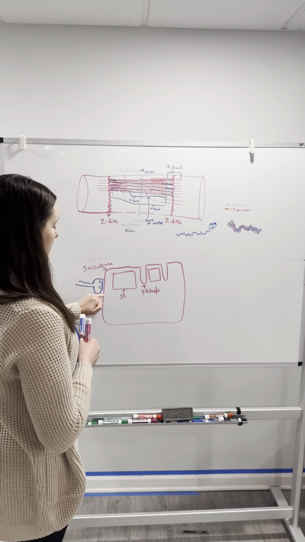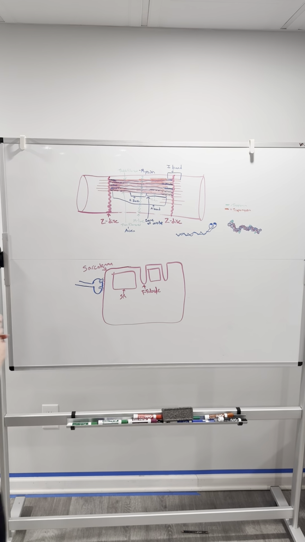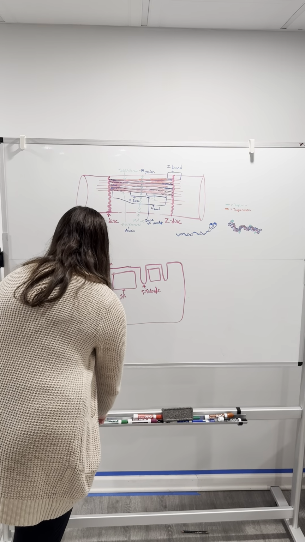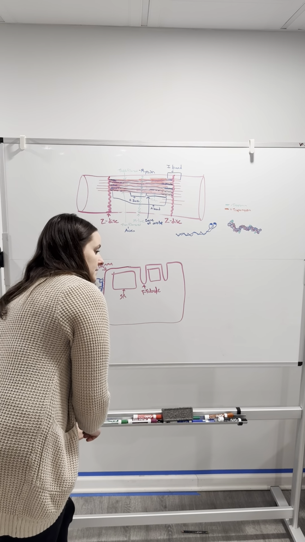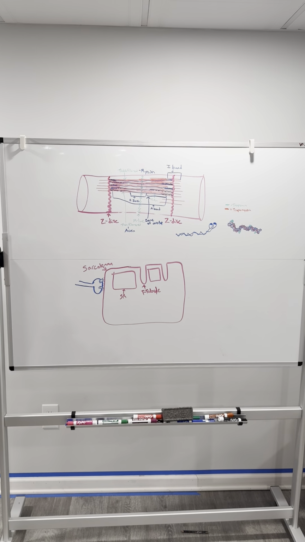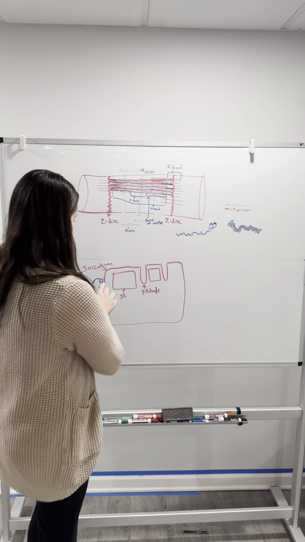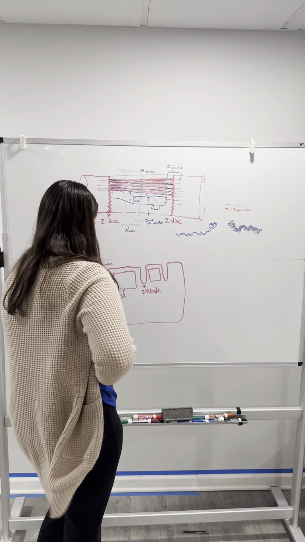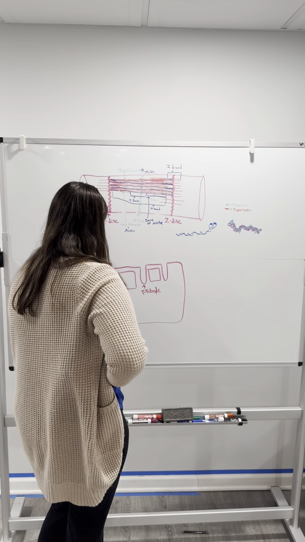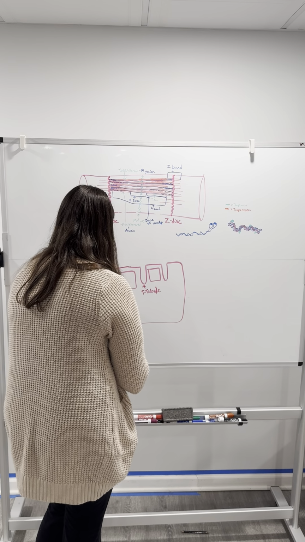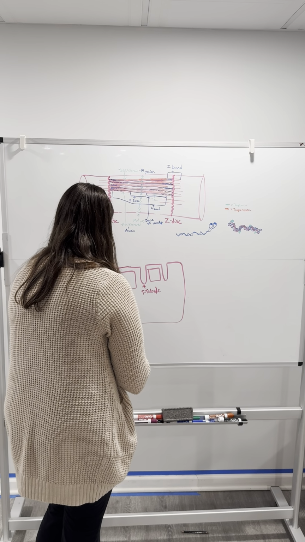Now, here on our motor end plate, or our sarcolemma, we have something else going on. We have sodium channels, so ligand-gated sodium channels. I'll draw in green some sodium channels here, and let's say they're shut.